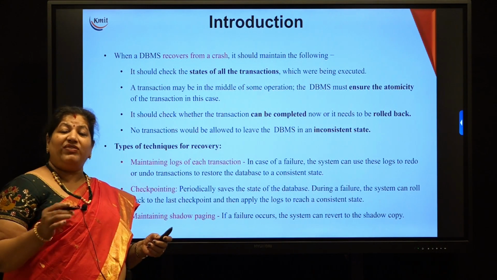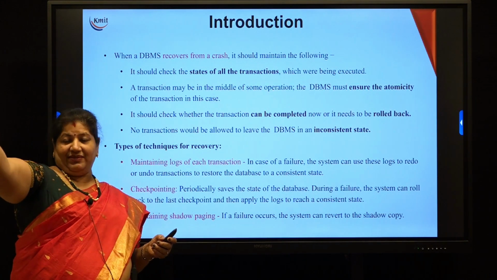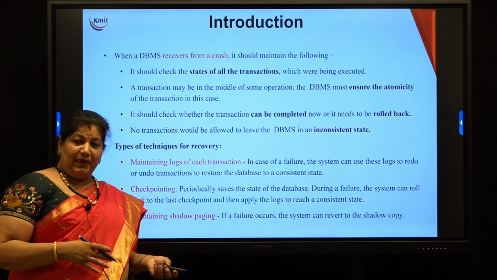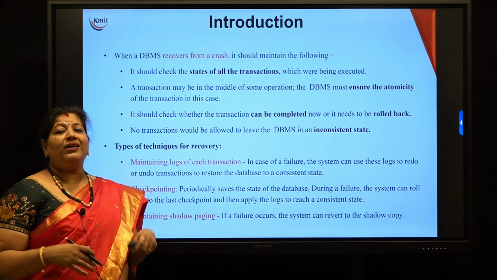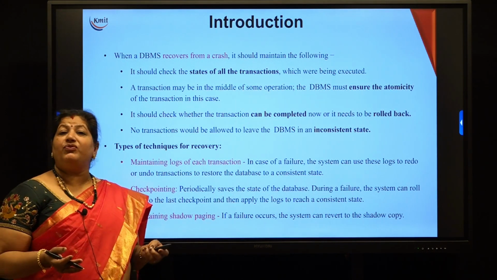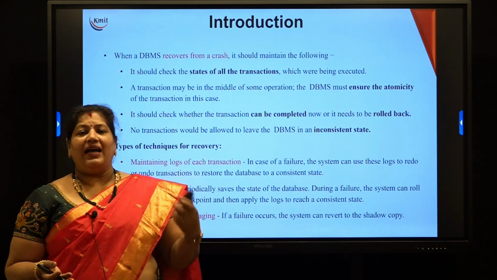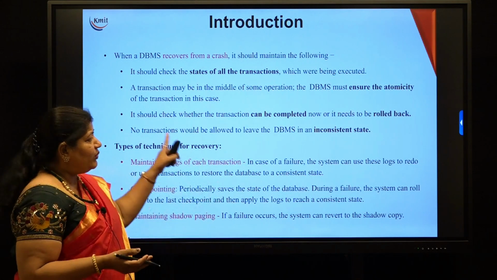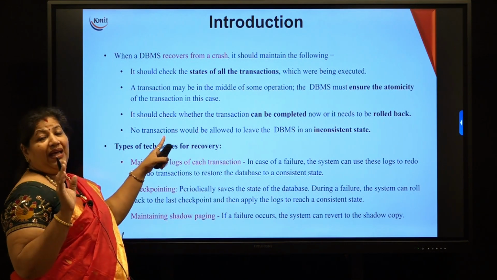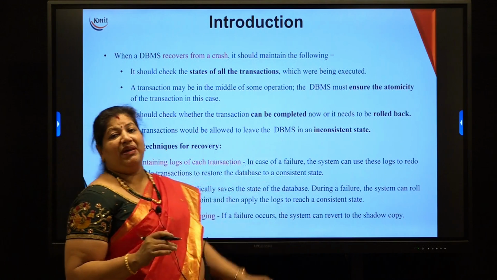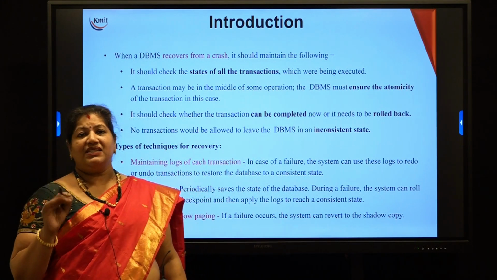If the commit was entered but the database updation was not done, maybe you can do it. If not, it has to be rolled back because half of the things are done, not everything is completed. You know atomicity, either do all or none. No transaction can leave a DBMS in an inconsistent state.